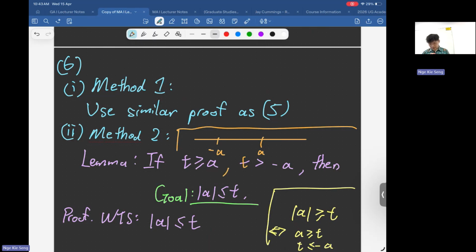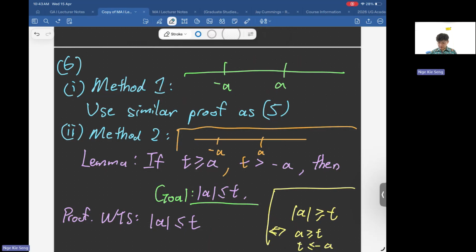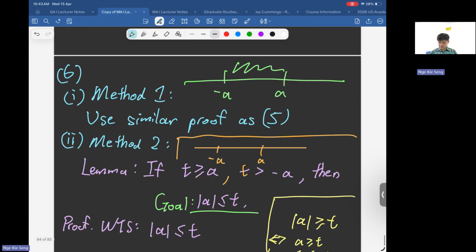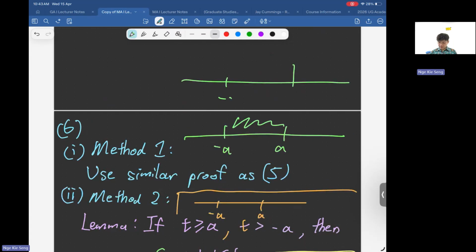T greater than A. Okay, let's draw what I said first. So A here, minus A. T is here. T shouldn't be here, right? So there are two cases, either here or here. Let's think about this.